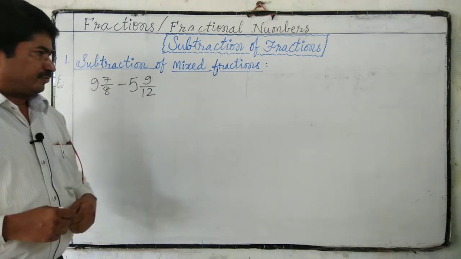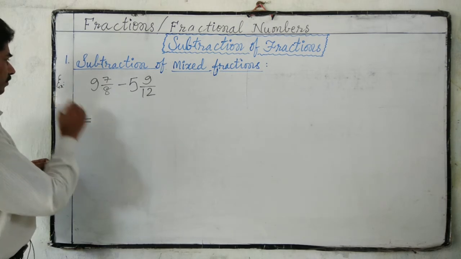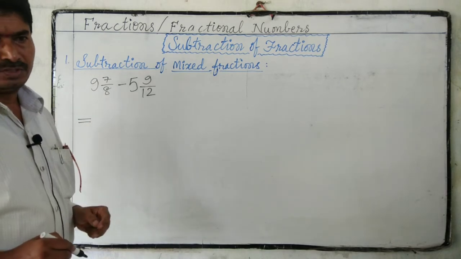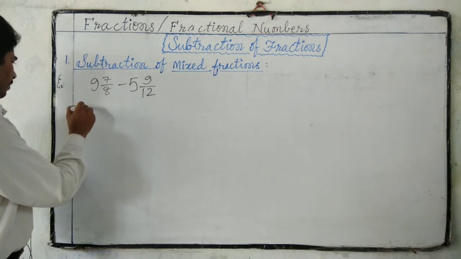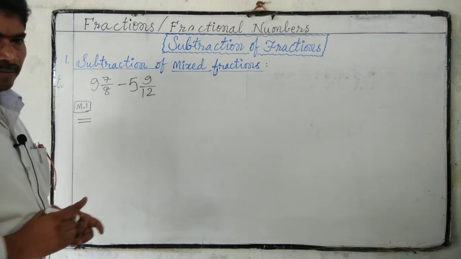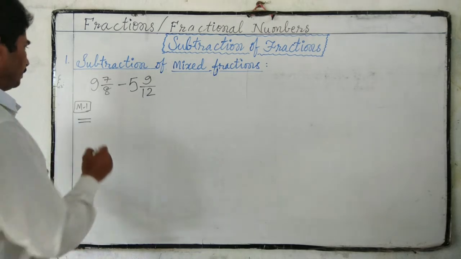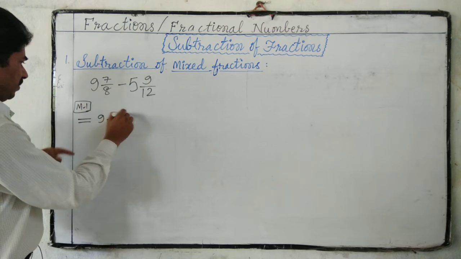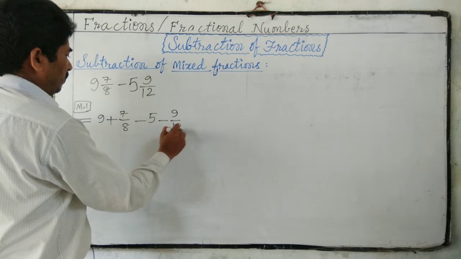Subtraction of mixed fractions. Let us see one example. Here we have two methods to subtract mixed fractions. Method 1: first, split the whole numbers and proper fractions. 9 7/8 minus 5 9/12.